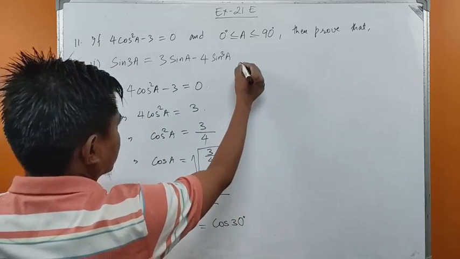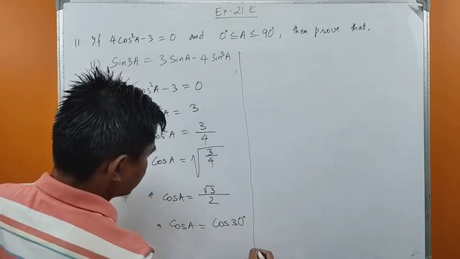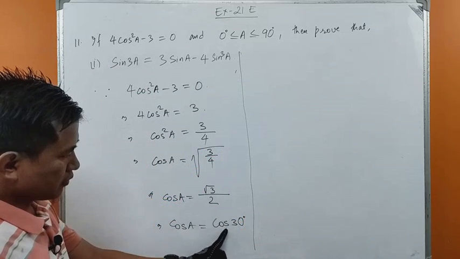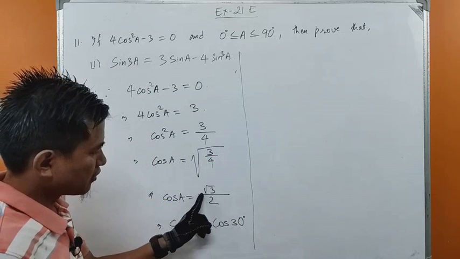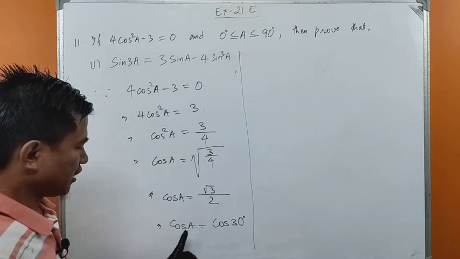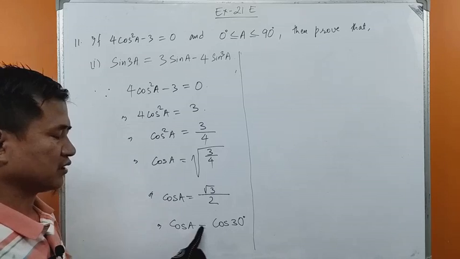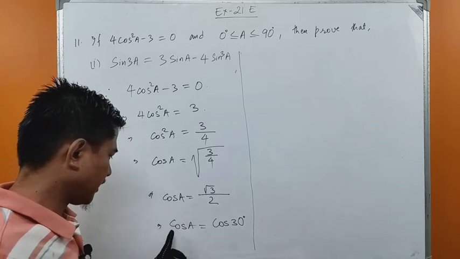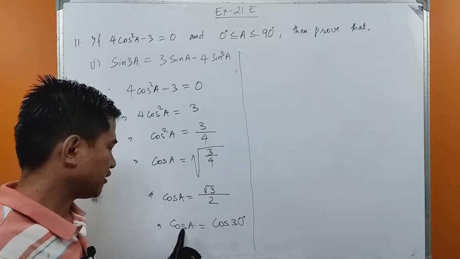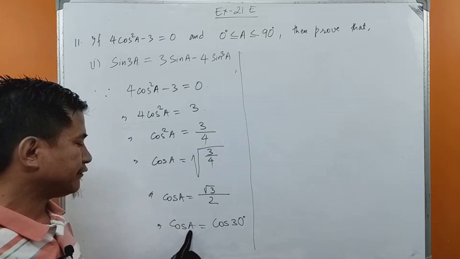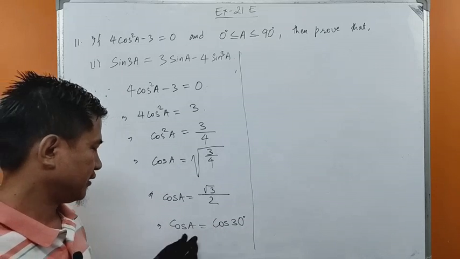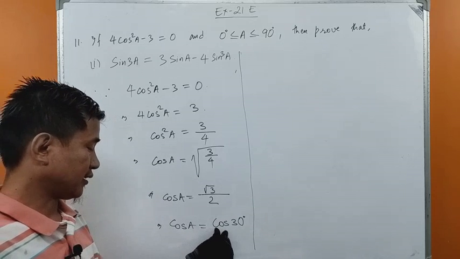So let me continue here. Root 3 by 2 means cos 30 degree, so instead of root 3 by 2 we write cos 30 degree. Now we cannot cancel cos and cos because cos is a trigonometrical identity. Trigonometrical identity cannot be cancelled. We just can leave cos from both sides, the left hand side as well as the right hand side.